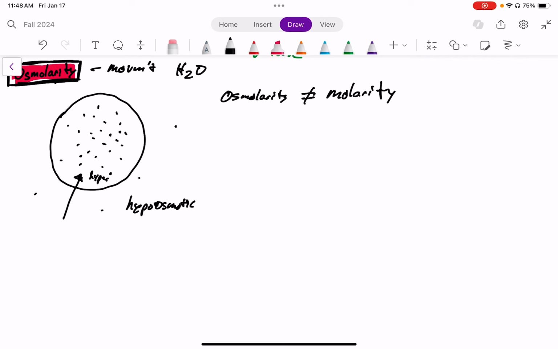Molarity is the amount of moles of a certain molecule. For example, if you have sodium chloride, moles just counts the amount of those molecules. And so 3 moles of NaCl is 3 moles of this entire thing. But what happens is in solution, that actually splits into 2 separate particles.